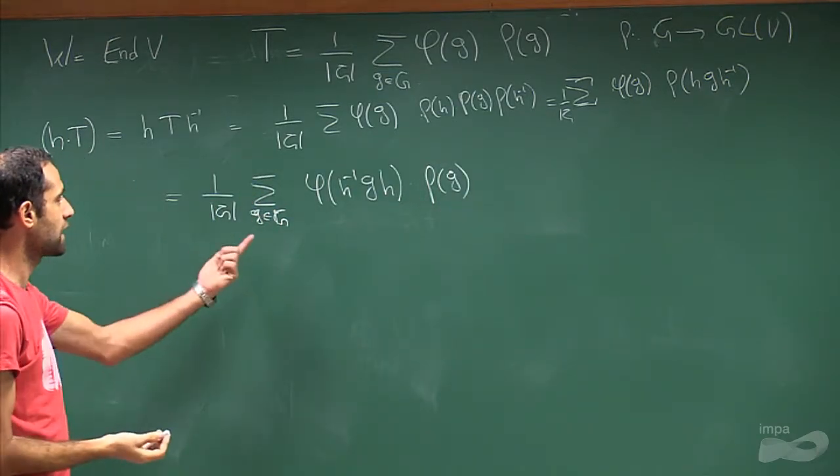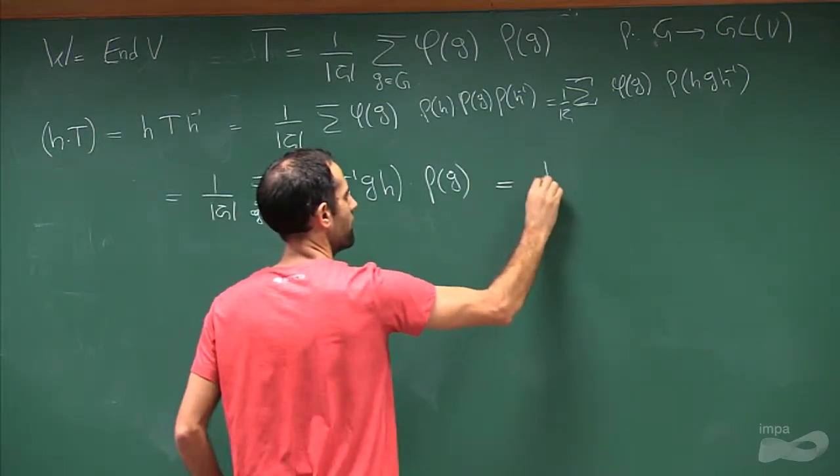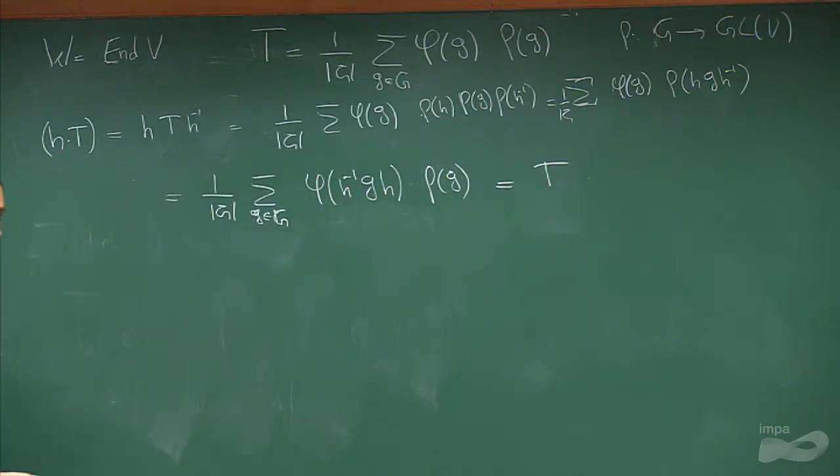And since phi is a class function, this is the same as the T that we had before.